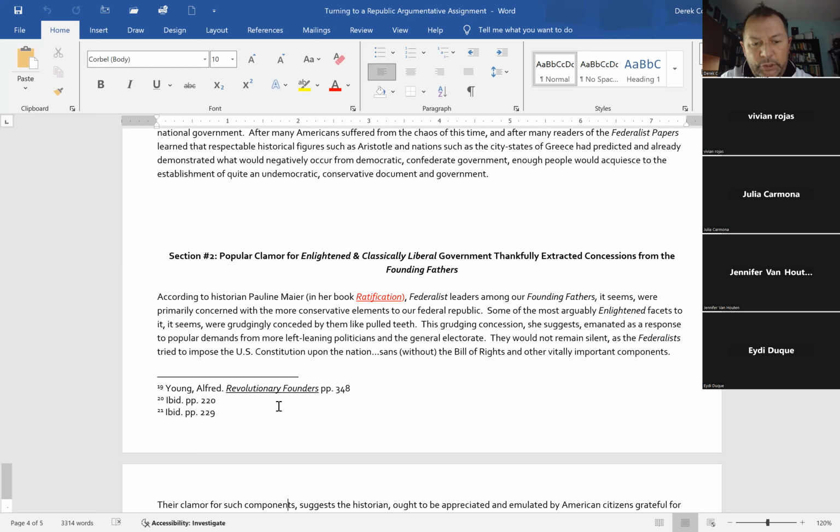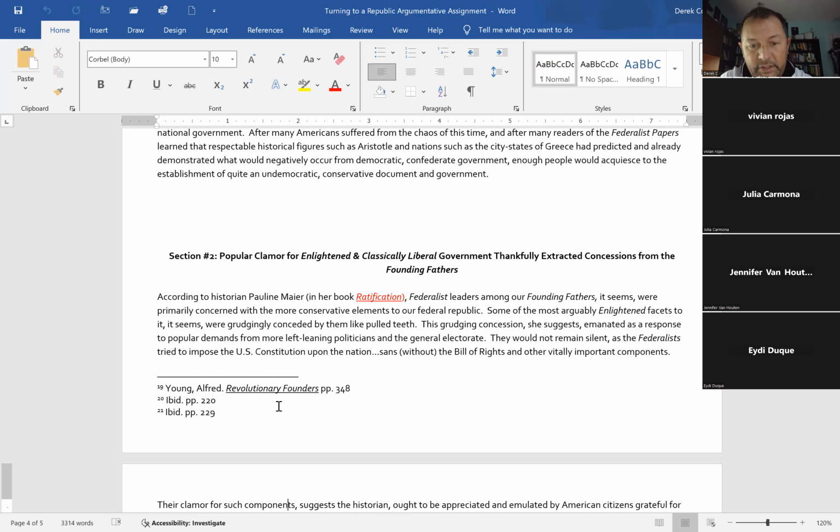So, for instance, when you look at pictures, and you look at figures connected to the founding fathers, they were not a microcosm of the population. And remember, by microcosm, I mean like a mini example. They were not a mini example of the population at large.